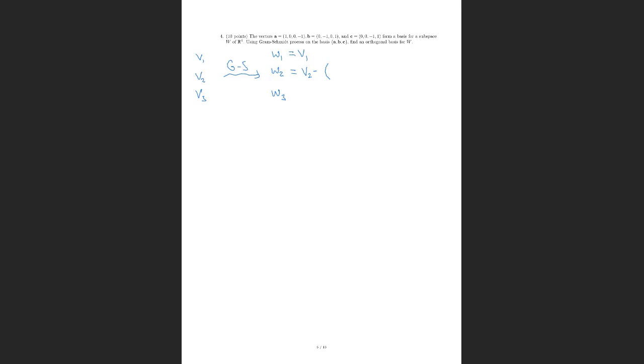And here I'll go ahead and write out the formula for its projection onto W1. So we'll do V2 dot product with W1 over W1 dot product with itself, times W1. Okay. So here the idea is subtracting its projection onto W1 will leave you with something that is orthogonal to W1.